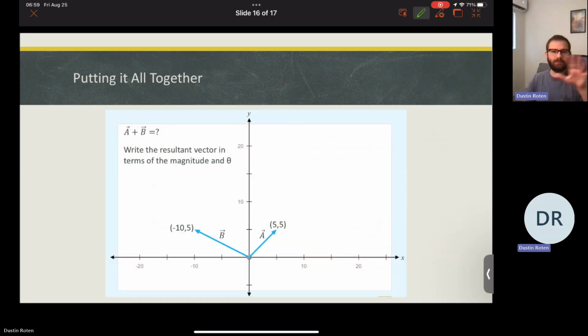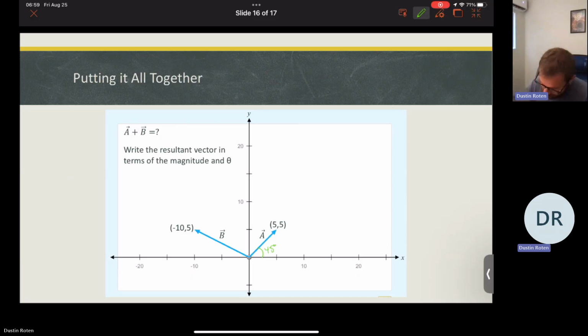All right, let's do one example and then we'll call it a day. Here I want to take A and add it to B. So I've got A down here. It's pointing at a nice 45-degree angle because it's got the same x and y values. So we could label it 45 degrees. And then vector B, notice vector B has a negative x.